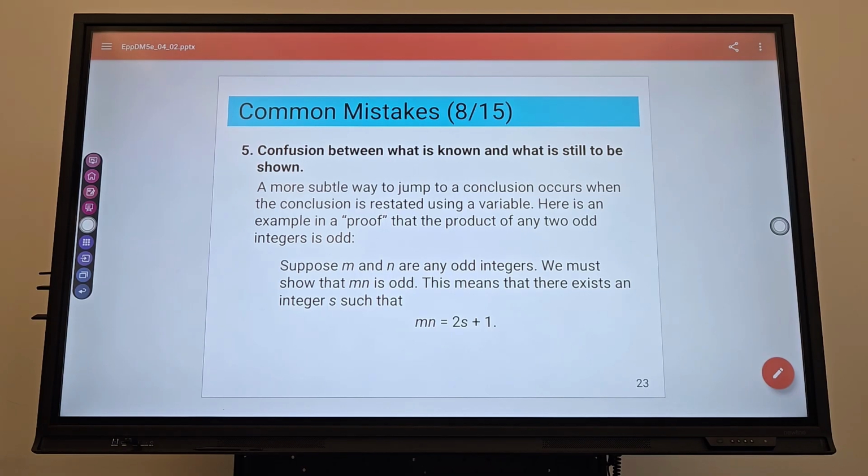In this example, suppose m and n are any two odd integers. We must show that m times n is odd. This means that there exists an integer s such that m times n equals 2s plus 1.